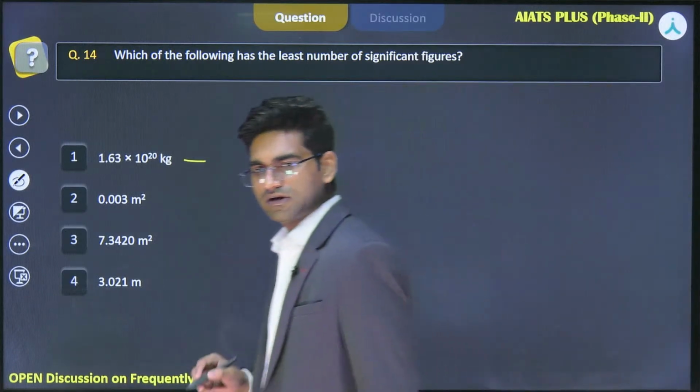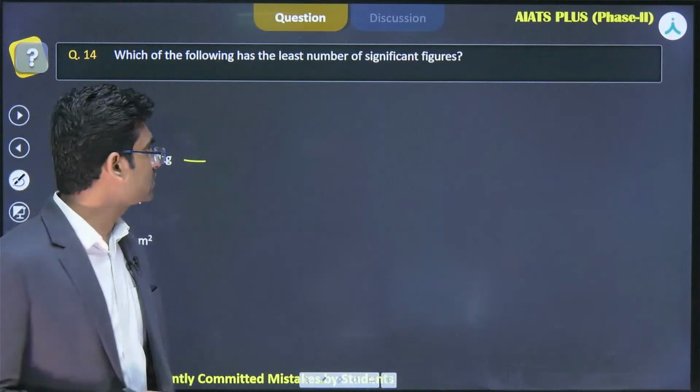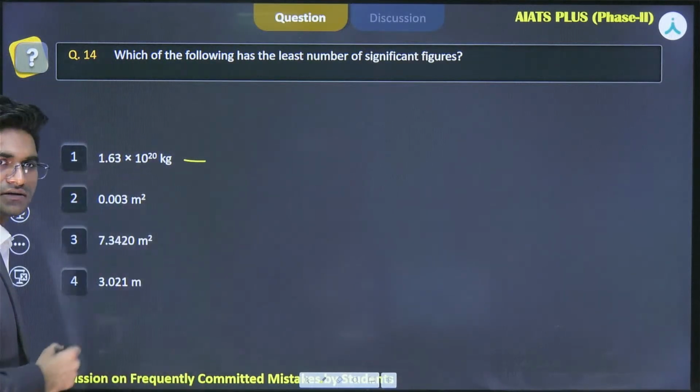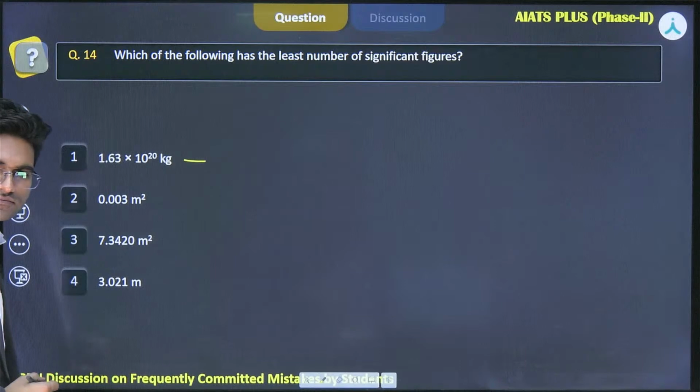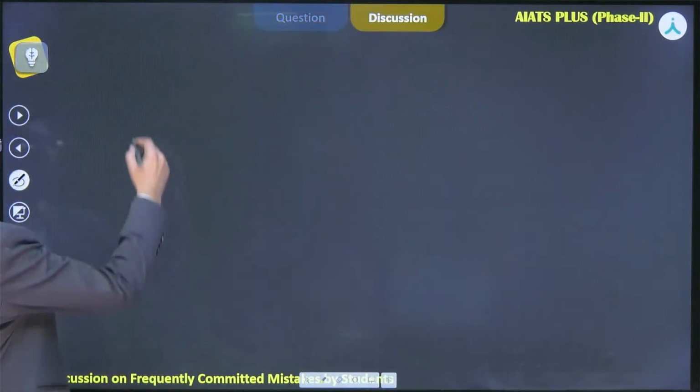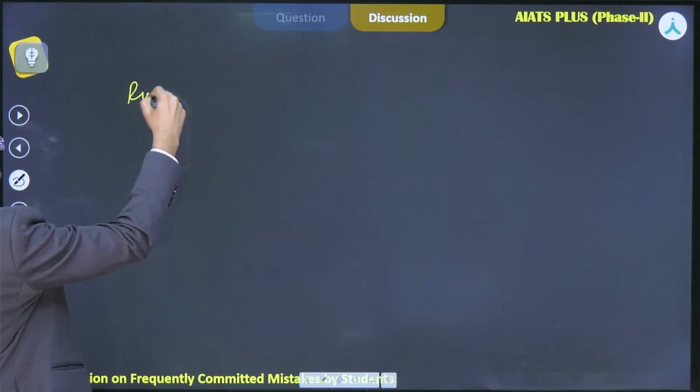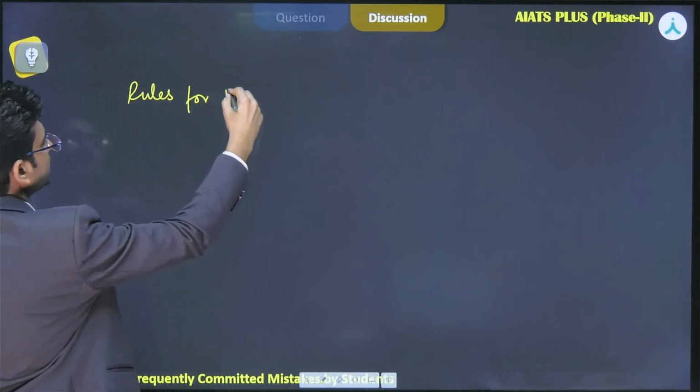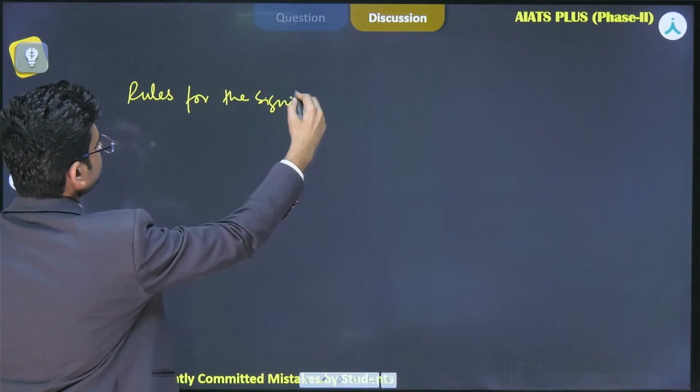How many significant figures are there in the first data? Anyone? Okay, so before solving this question, let's see the rules for the significant figures.